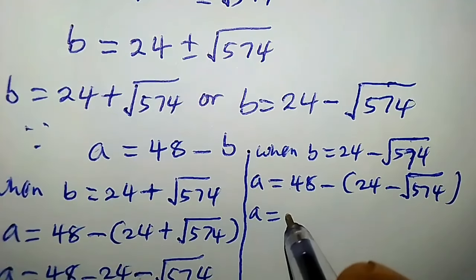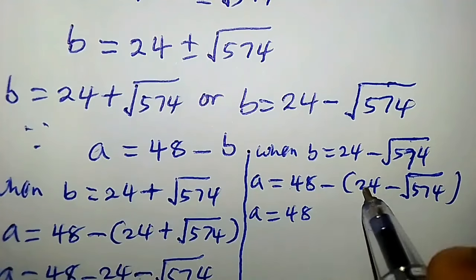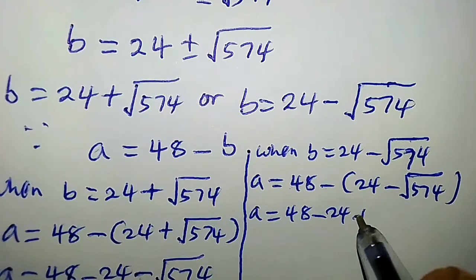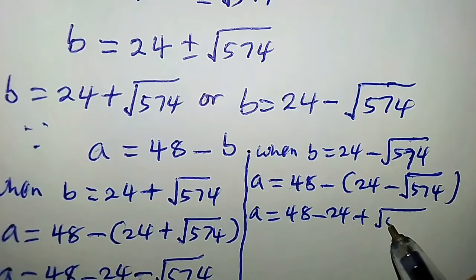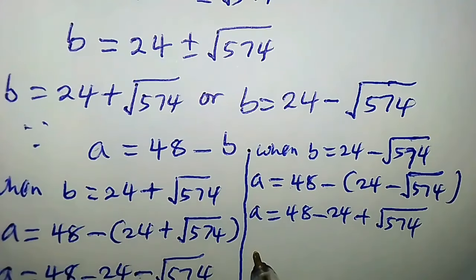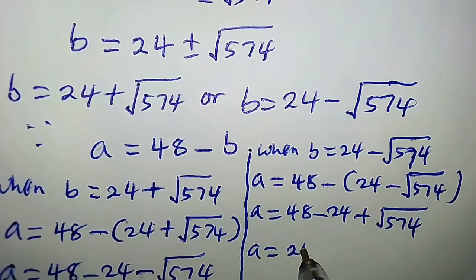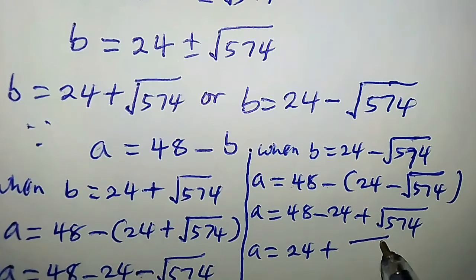A equal to 48 minus times 24, that is minus 24, minus times minus, that is plus square root of 574. A equal to 48 minus 24, that is 24, plus square root of 574.